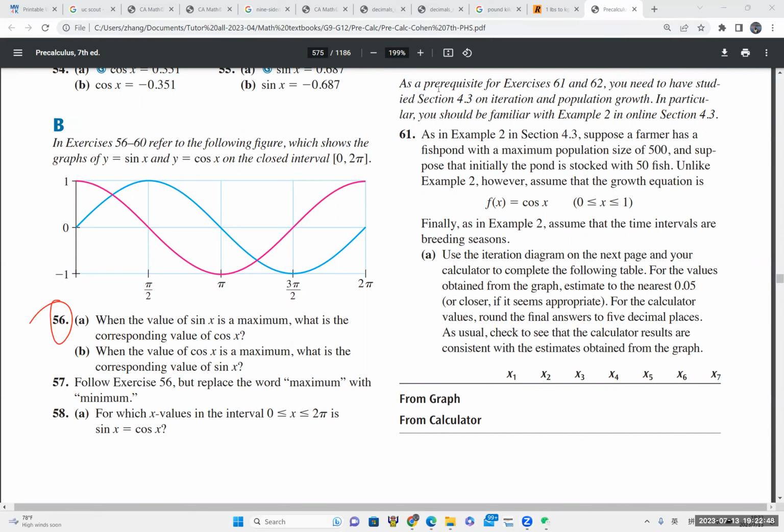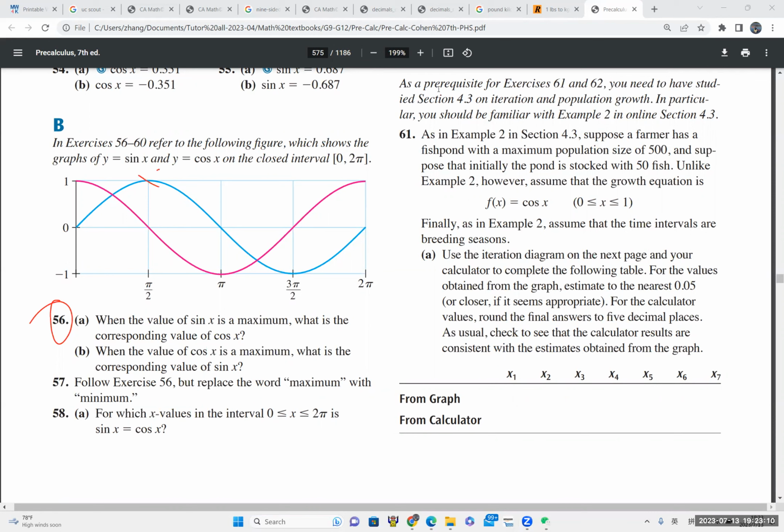Refer to the following figure which shows the graph. When the value of sine x is a maximum, what is the corresponding value of cosine x? Okay, so blue is for sine, right?